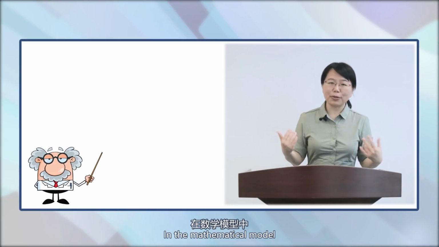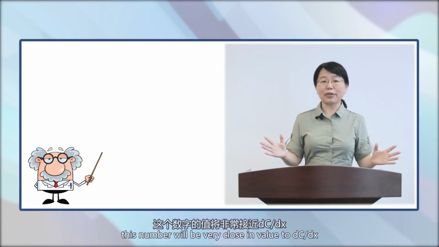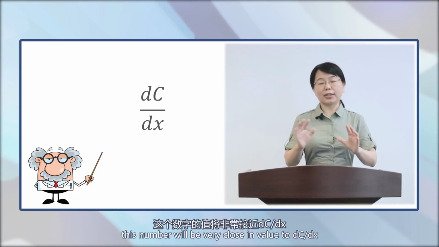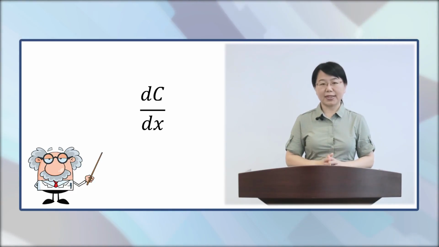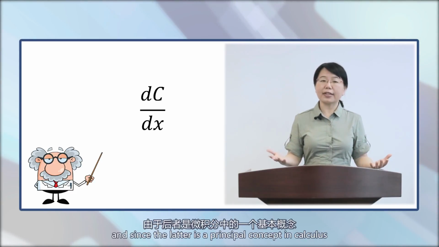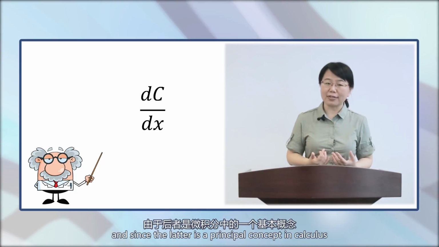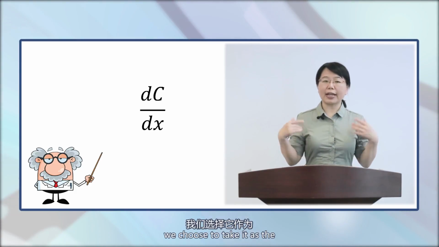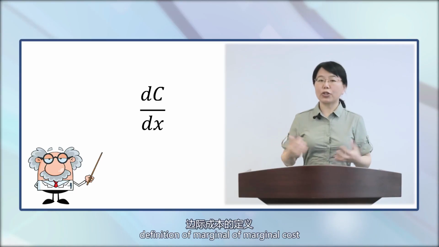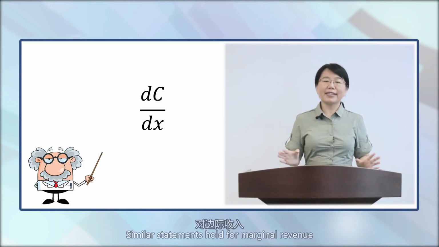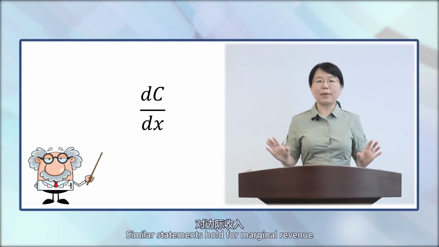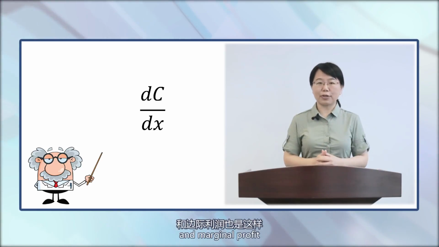In a mathematical model, this number will be very close in value to the derivative. And since the latter is a principal concept in calculus, we choose to take it as the definition of marginal cost. Similar statements hold for marginal revenue and marginal profit.